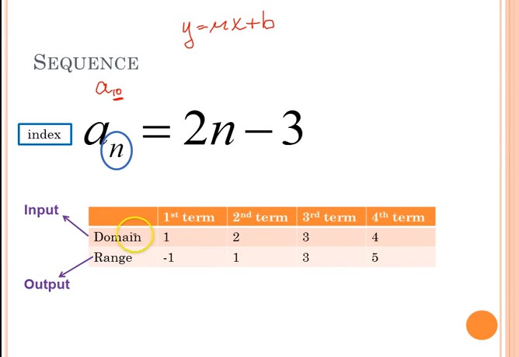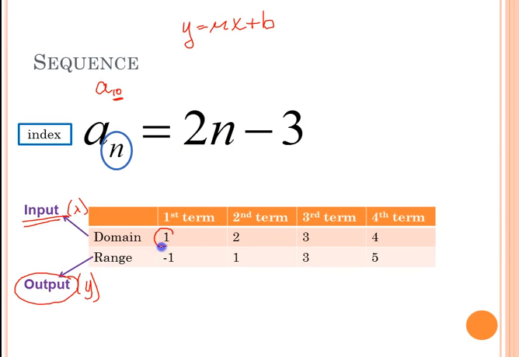Now, I already labeled it in here for you, and we're going to explain where these came from. Domain, remember we said that's our term. I'm on the first term, second term, third term, fourth term. That's your input. Okay, what are you putting in? That's your x's, your input, whatever you want to call it. Your range is your output or your y's. What are you getting?